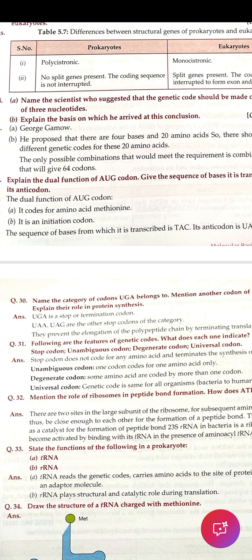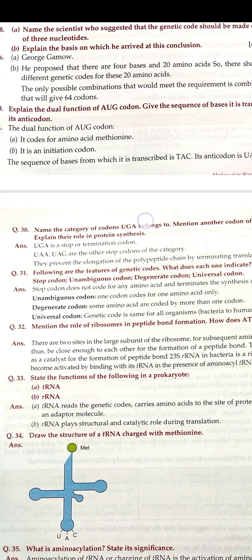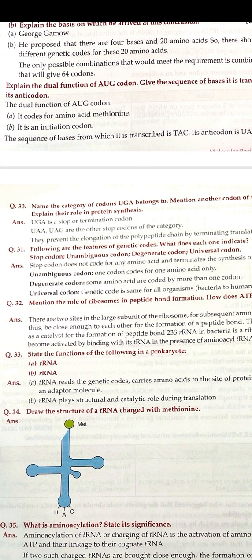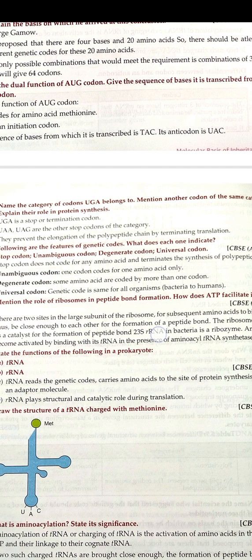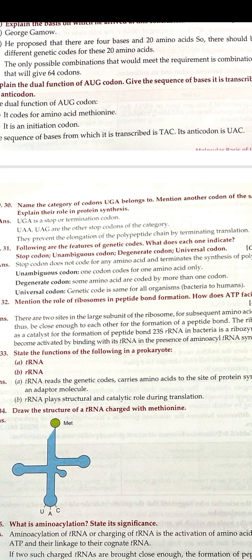Now, next question number 30. Name the category of codons UGA belongs to, and mention another codon of the same category. Explain their role in protein synthesis.